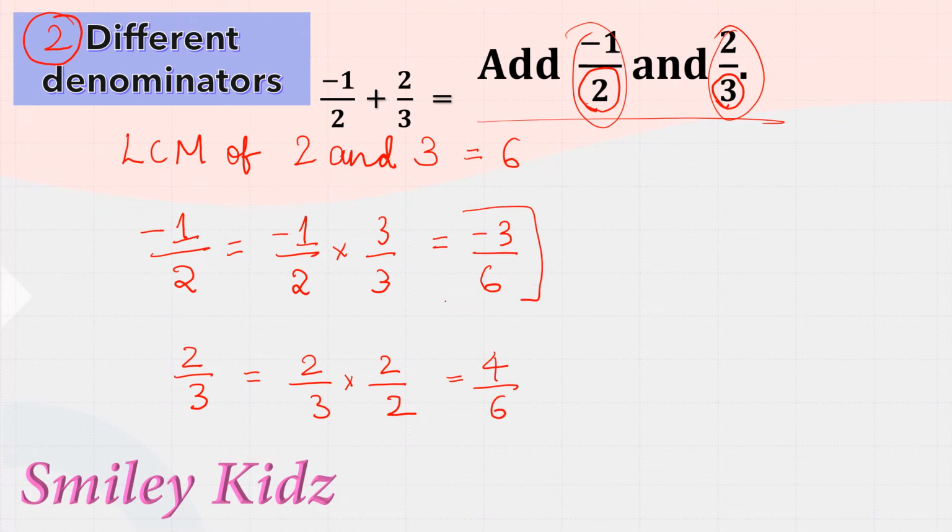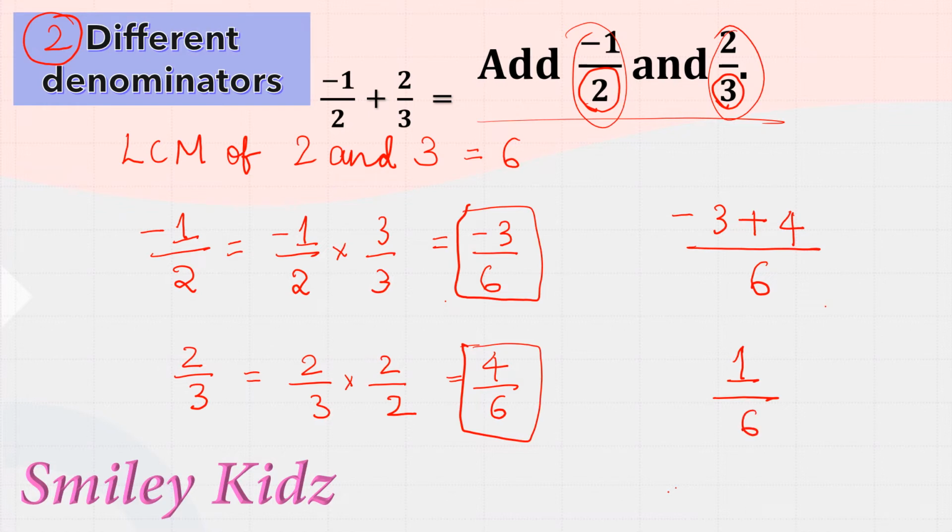Now we are having the same denominators. Now we will simply add the numerators. -3 plus 4 over 6. -3 plus 4 will be equal to 1. 1/6. Therefore, when we add -1/2 and 2/3, we get the answer as 1/6.